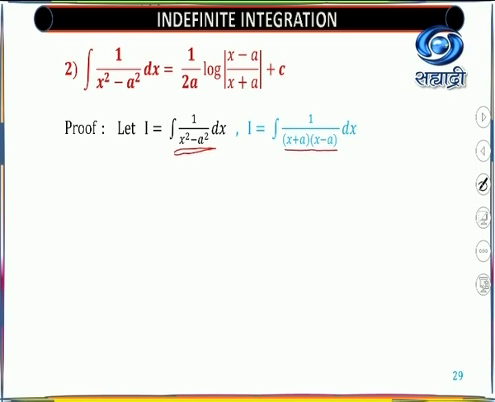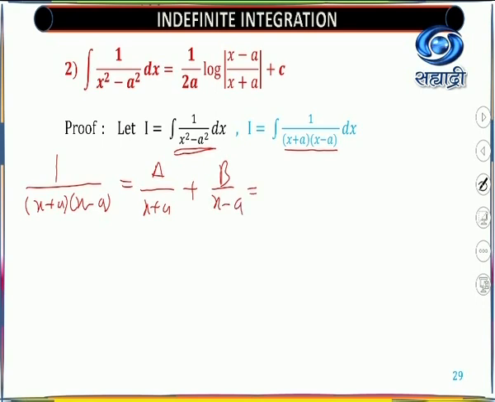You have already studied in 8th and 9th standard how to separate this: 1 upon x plus a into x minus a is the same as A upon x plus a plus B upon x minus a.